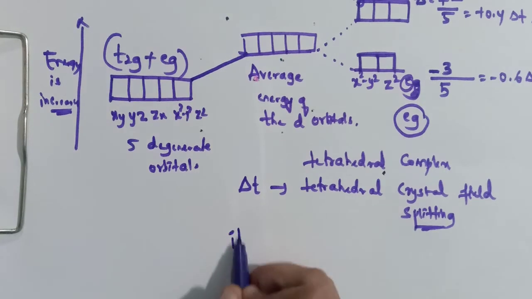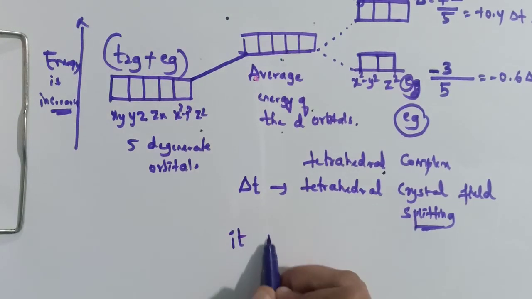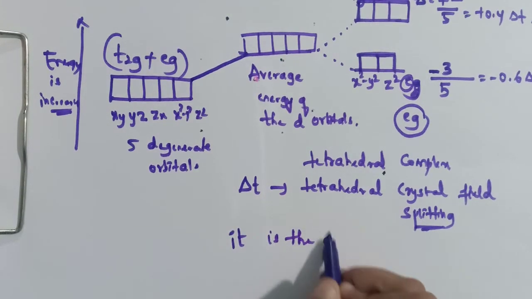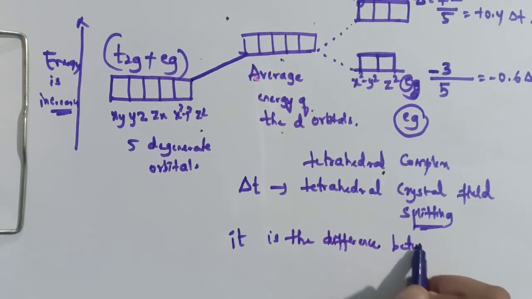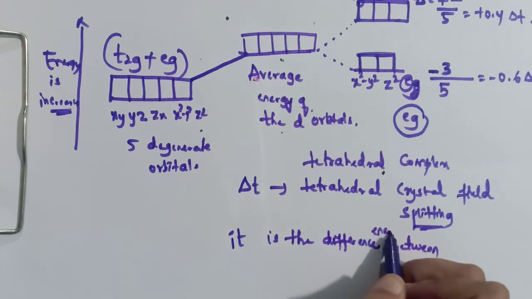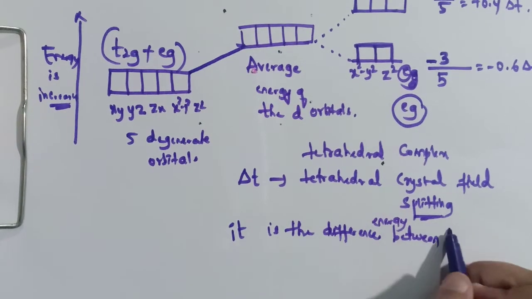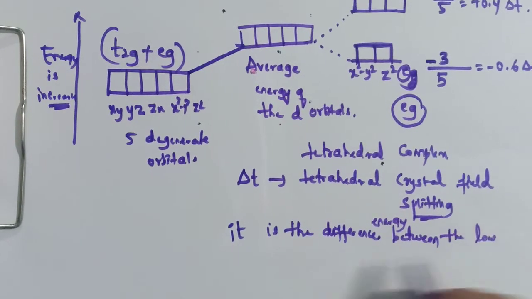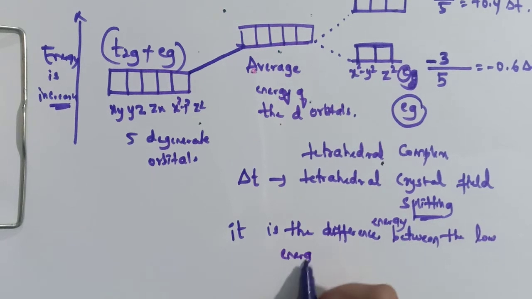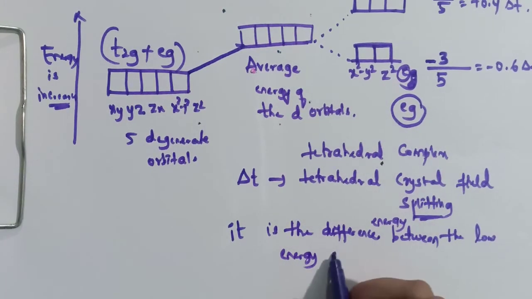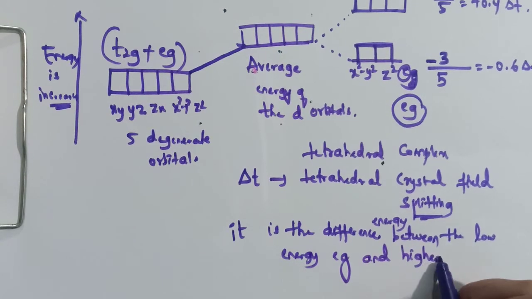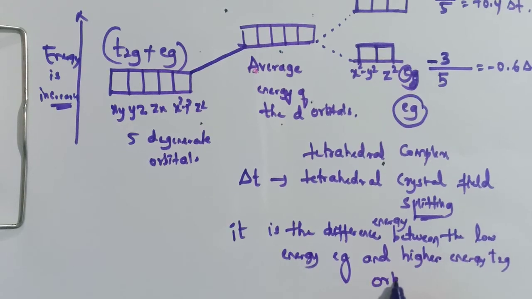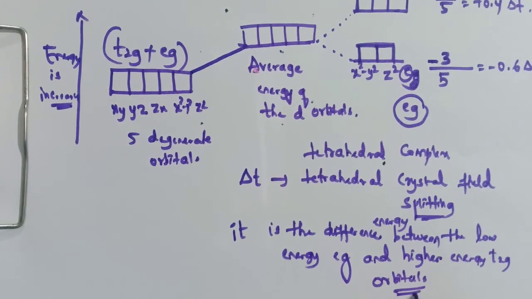Just you have to write it is the difference in energy between the low energy, which are having lower energy students, that is Eg, and higher energy T2G orbitals.